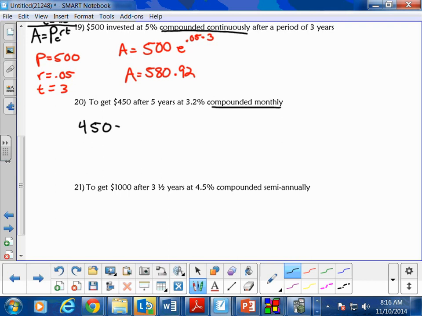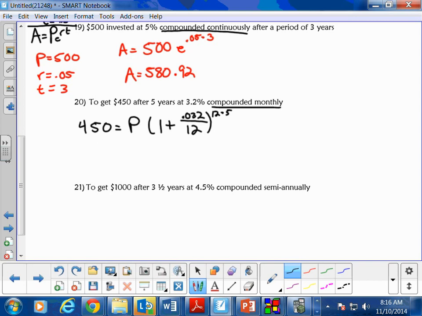450 is equal to a P that we don't know, times 1 plus the rate, 0.032. Compounded monthly means 12, and in this case it's 12 times 5.